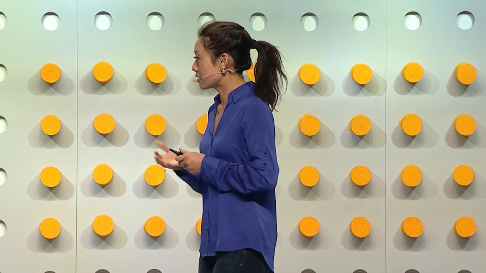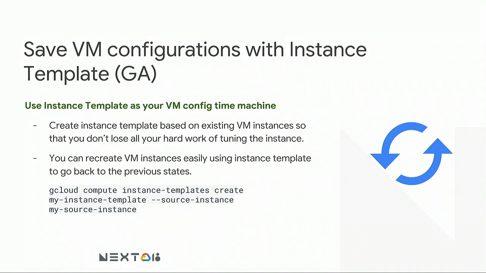If you have that kind of requirement, you can generate an instance template from the VM. It's almost like a time machine for the configuration of your VM, so that you can go back at any time without paying any extra money, because the VM is already deleted. To get started, it's also simple. Just as the example shows on gcloud, you can simply provide a source instance while you're creating the instance template. So this is another great tool to know how to save the configuration of your VM instance.